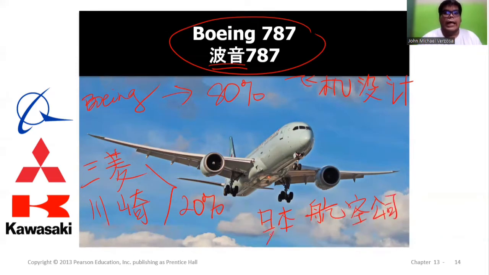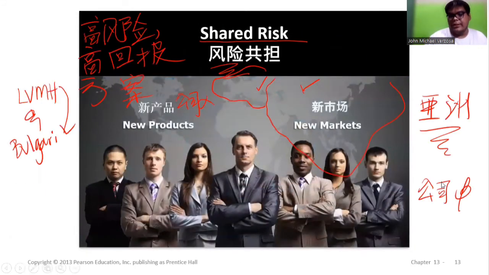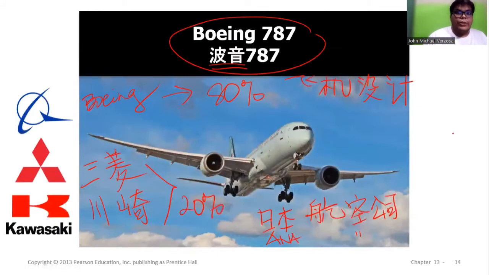So that is an example of the shared risk. They were successful.